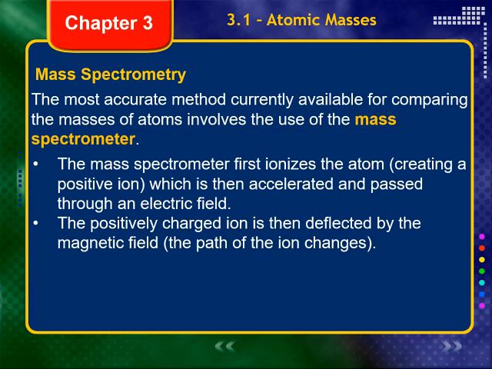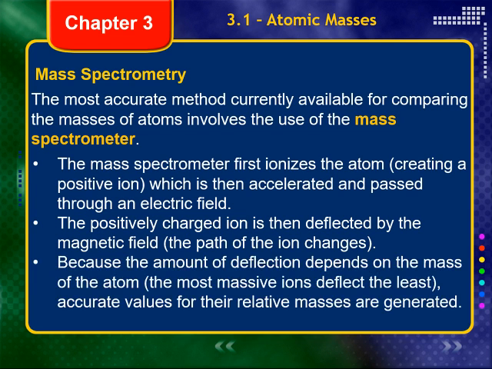The positively charged ion is then deflected by the magnetic or electric field, meaning the path of the ion changes because of that field. Because the amount of deflection depends on the mass of the atom, meaning the most massive ions are deflected the least, or their path changes the least, accurate values for the relative masses are generated.